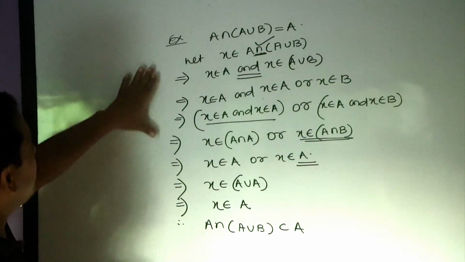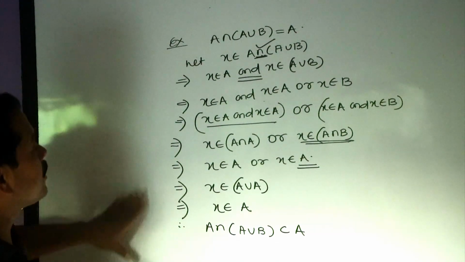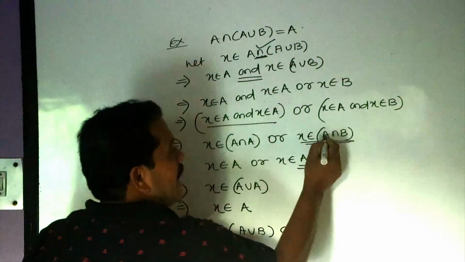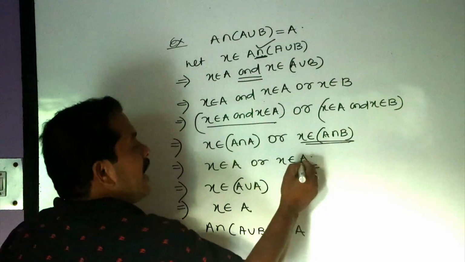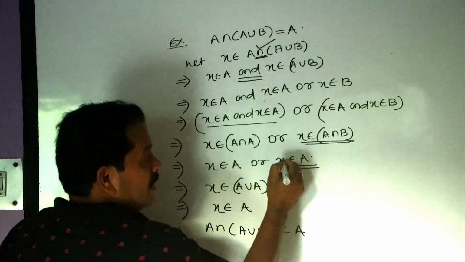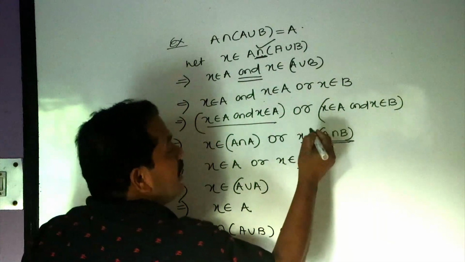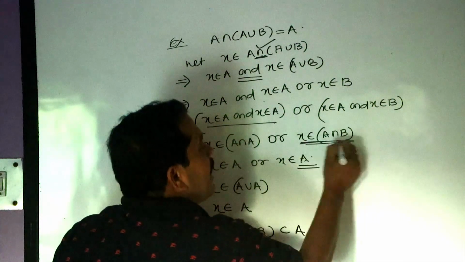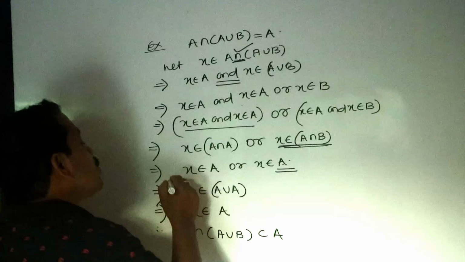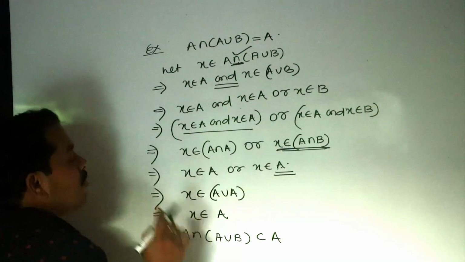But here also we cannot use double implication, because if X is an element of A intersection B, then X is an element of A. But if X is an element of A, it may or may not be true that X belongs to A intersection B. So we cannot use double implication.